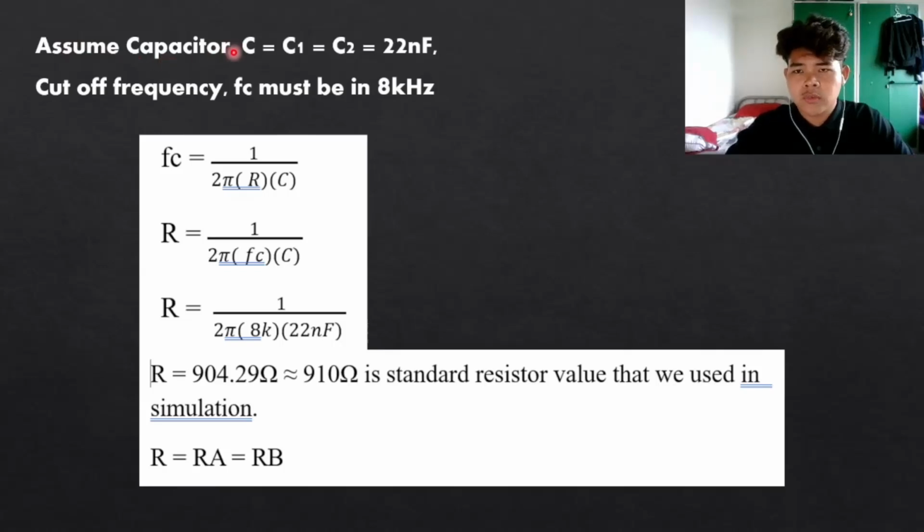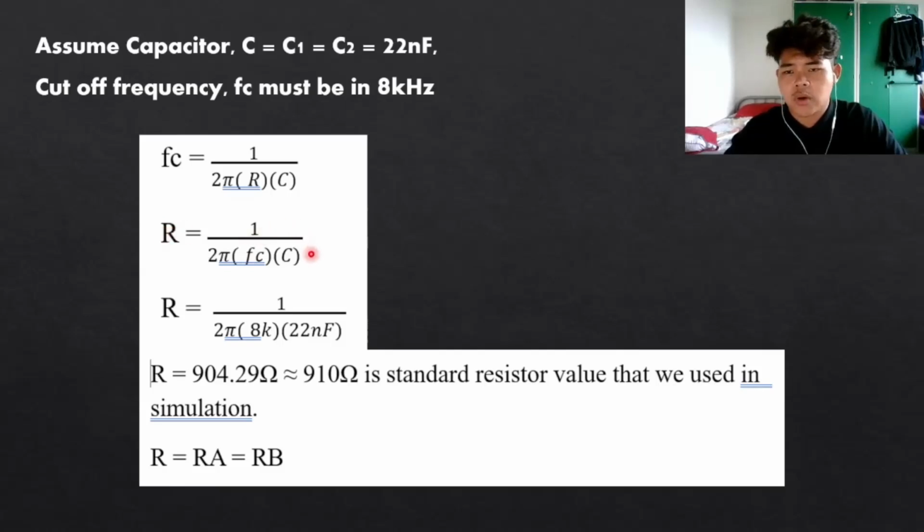We assume that the capacitor C equals C1 equals C2, which equals 22 nanofarad, and the given cutoff frequency must be 8 kilohertz. Using the formula for cutoff frequency, FC equals 1 over 2 pi R times C, we can change the position of R and FC.